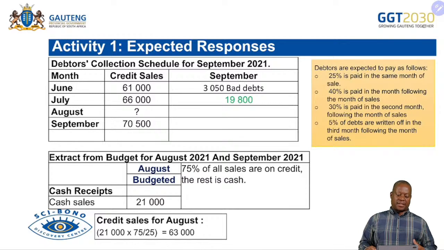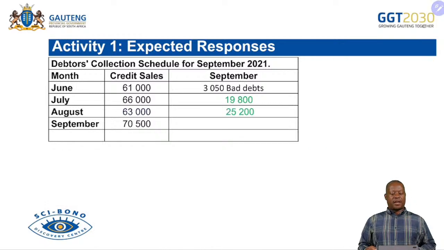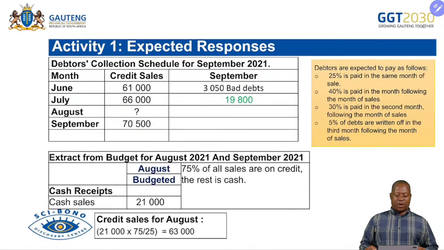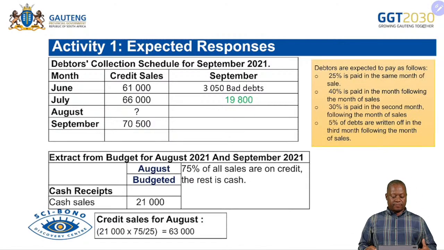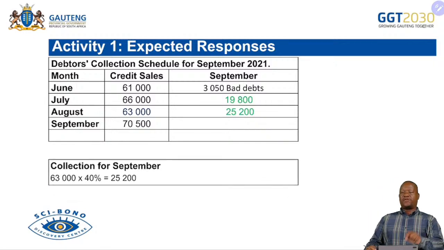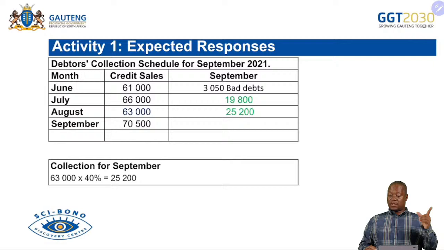It gives us 63,000. So you can see now we are given that information as it should appear. Now, let's take it. Remember, in that same month, we are collecting what percentage? We are collecting 40%. Remember, 30, 40, 25.